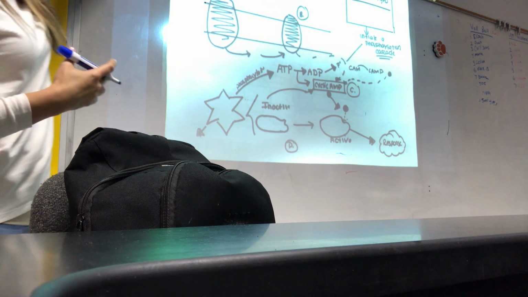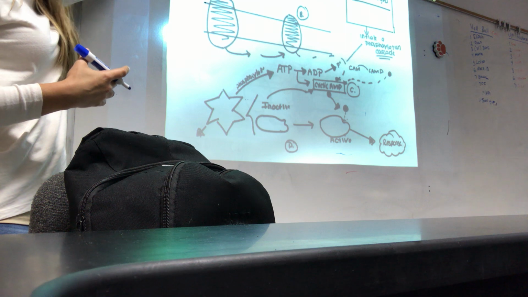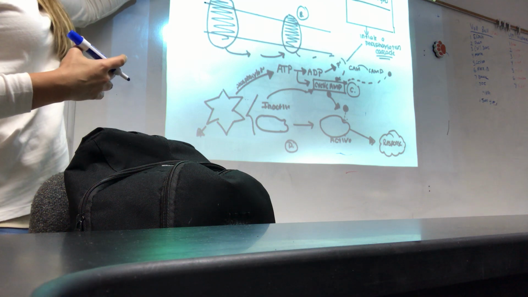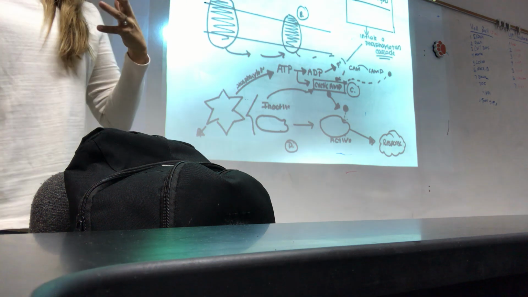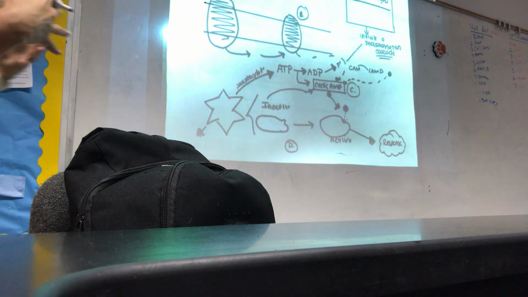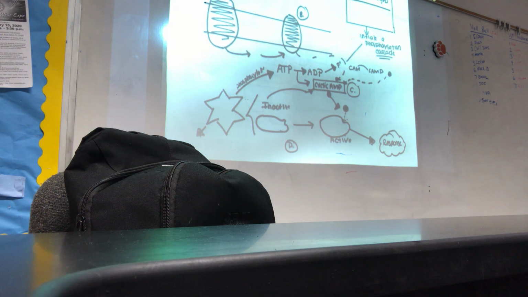Remember, the shape of the receptor protein must match the shape of the signal molecule. It's like a lock and key, right? And the receptor site has to match. It's like a substrate and an active site on an enzyme. Very good. It's got to fit. Okay? So let's talk about that right now.